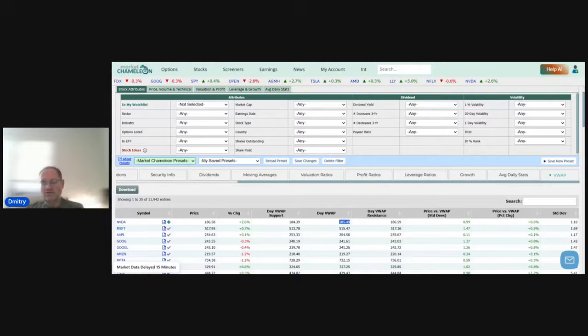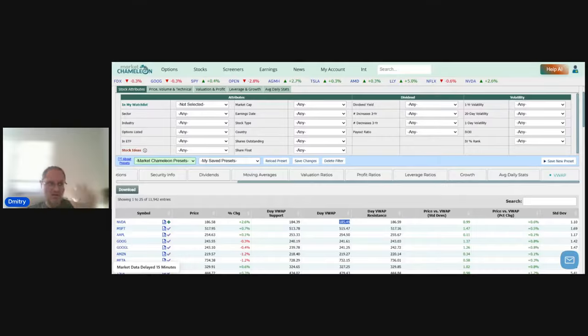A single trade doesn't represent the essence of the trading volume, because you could have 100 shares that traded at one price and then 10,000 shares that traded at a different price. So by giving that price where most of the volume traded, it gives you the VWAP, where the essence of the trading has been.